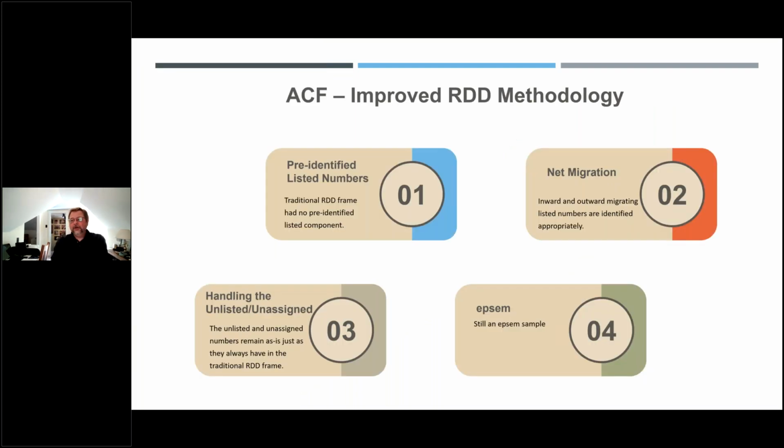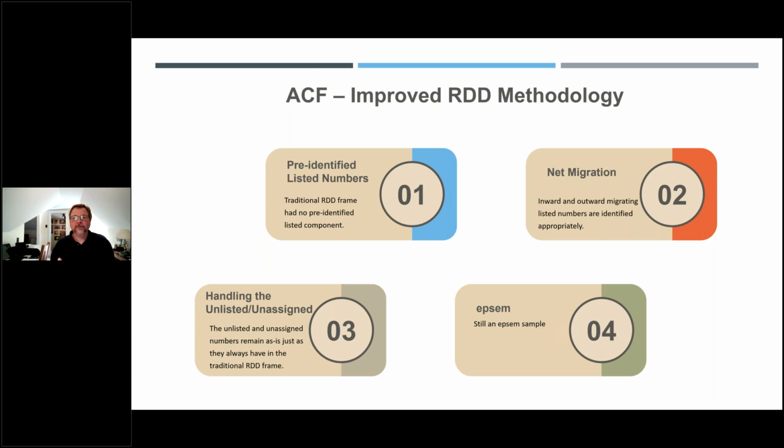Getting more into our improved RDD methodology, which I just touched upon: because all the listed numbers are pre-identified, we know where these listed numbers belong. We can place them in the correct geographic stratum within the RDD frame. You have to remember the traditional RDD frame had no listed component.